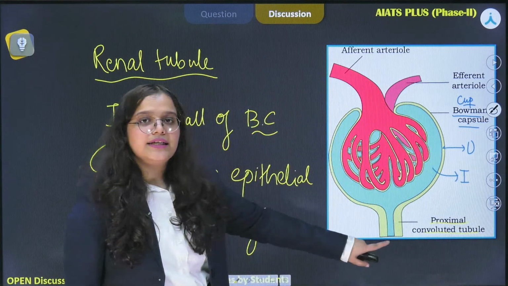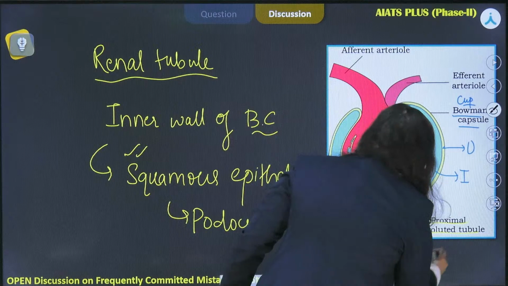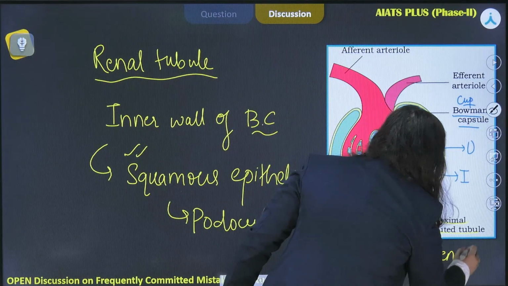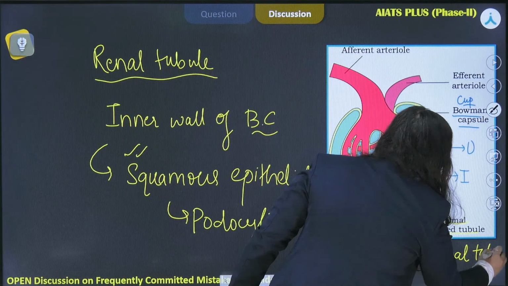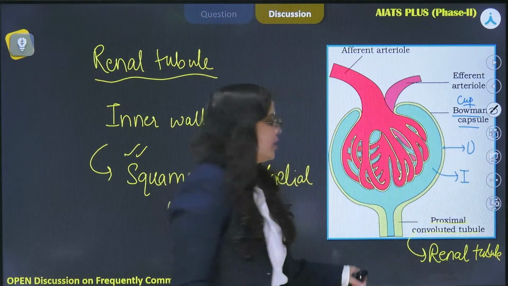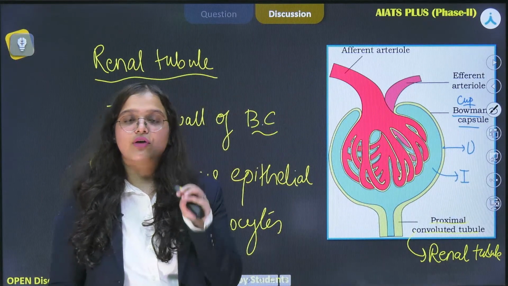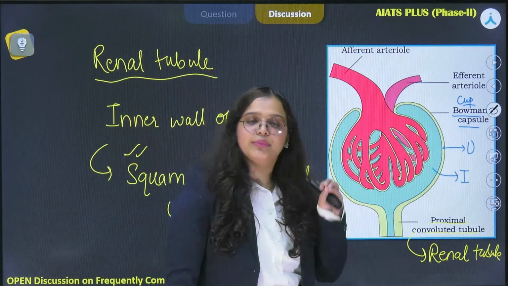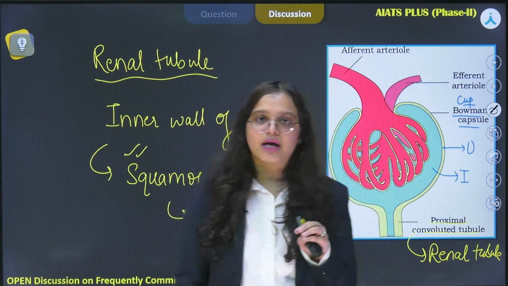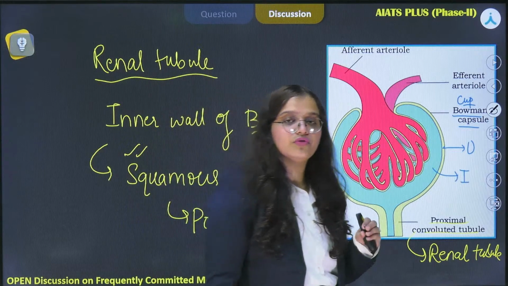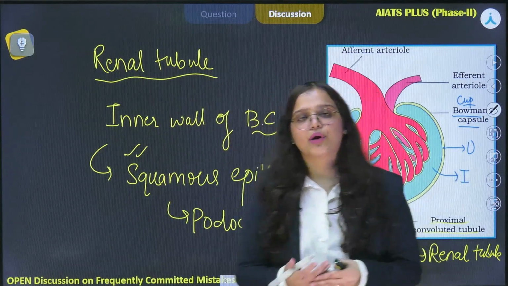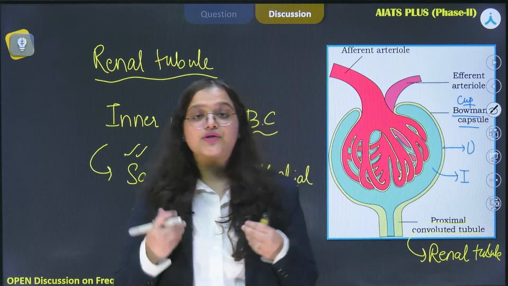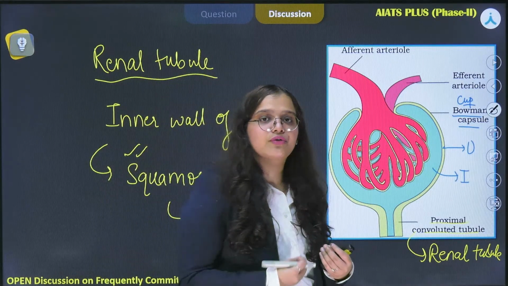So PCT is the renal tubule, and we all know that maximum absorption, or 70 to 80% of absorption of nutrients and other substances takes place in PCT itself, and it is lined by cuboidal epithelium which has a brush bordered type of appearance due to the presence of microvilli on it.